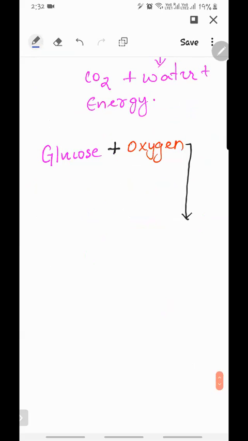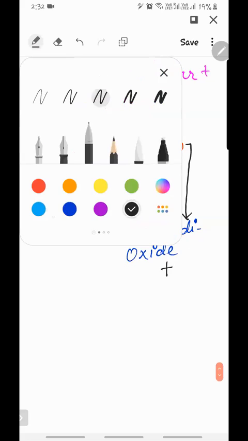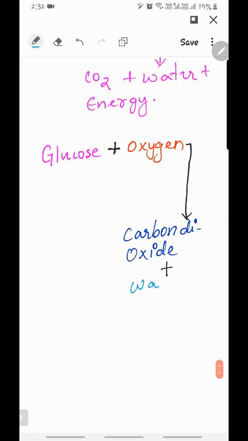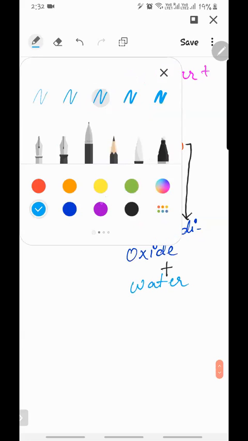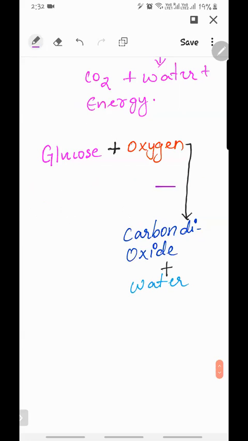Here it will react and form carbon dioxide plus water, and energy is released.